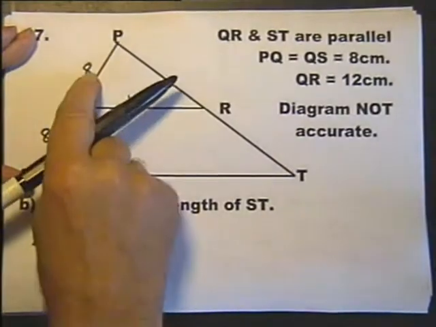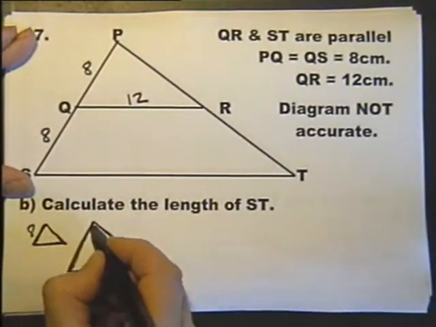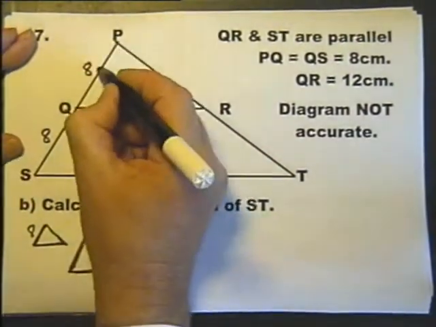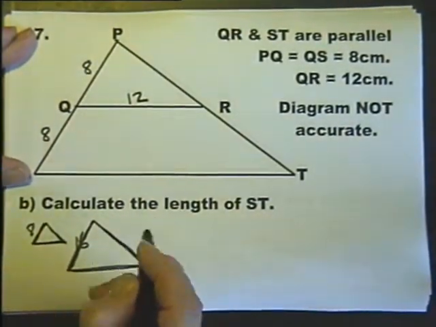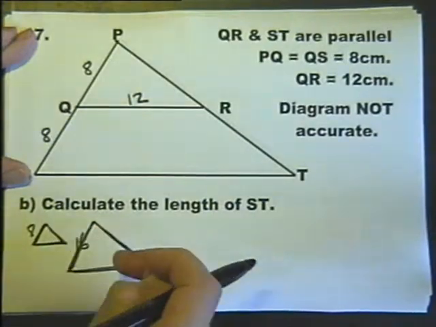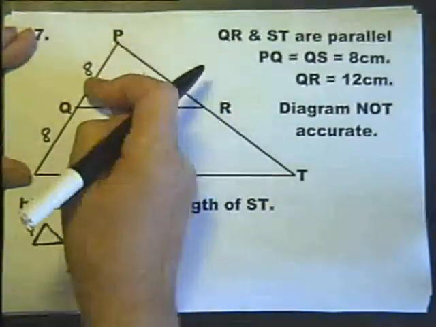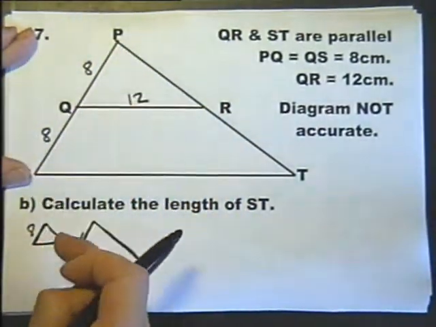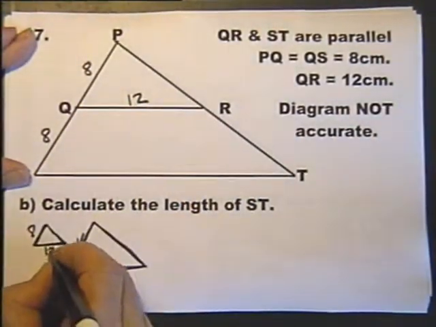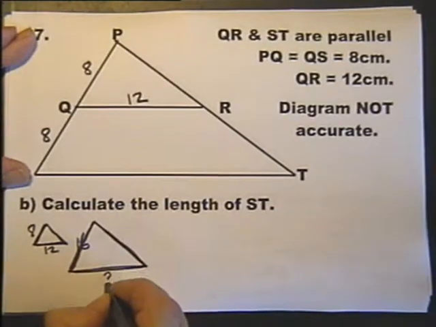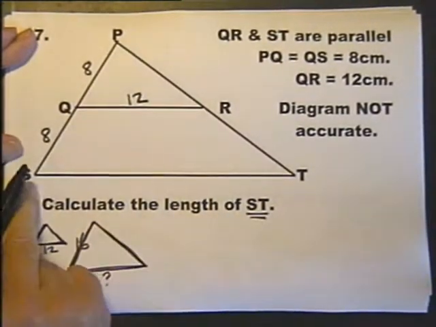This one is the 8 there. This one is the whole of that, which is 16. The two separate triangles make it clearer. 8 to 16 is the ratio between the two triangles. This is 12. So what is ST?